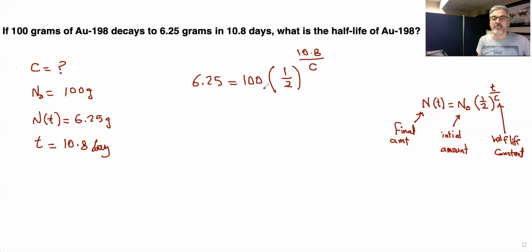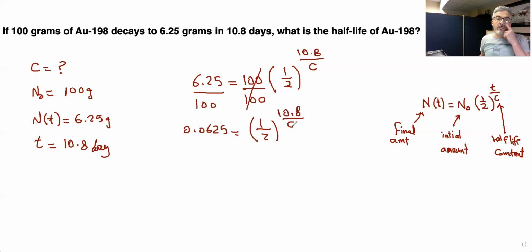So again, divide both sides by 100, that cancels, and 6.25 divided by 100 is 0.0625, which equals half to the power of 10.8 over C. Now we log both sides. The log will allow the exponent to come down.